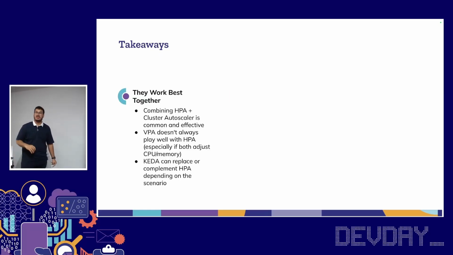Next, the autoscalers usually work best together. Combining HPA with Cluster Autoscaler is a very common practice and it's very effective as well. But you wouldn't want to plug and play autoscalers as is. For example, if you use VPA with HPA for the same deployment, you might see a scenario where your VPA will try to increase the memory and CPU for your pod based on demand.